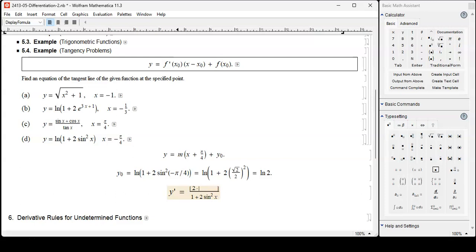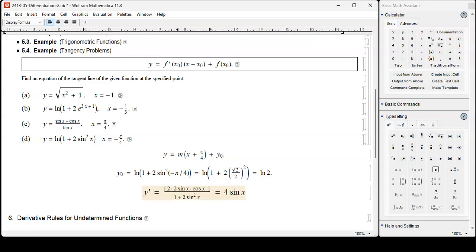The outer function is second power, so 2 comes out as coefficient. Inside never changes. And we have to multiply the derivative of the inside. The derivative of sine is cosine. Are you with me here? I'm doing this a bit quickly, I'm sorry. Kind of pressed for time.